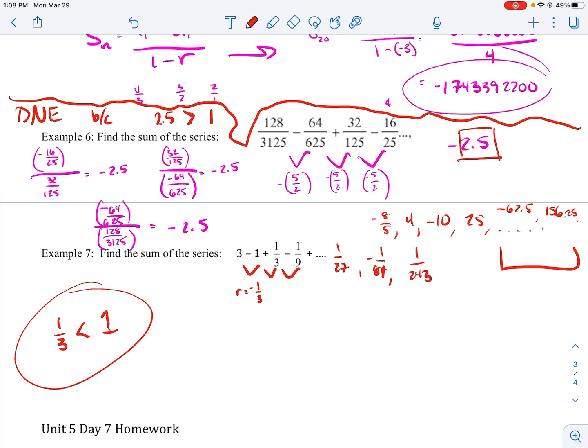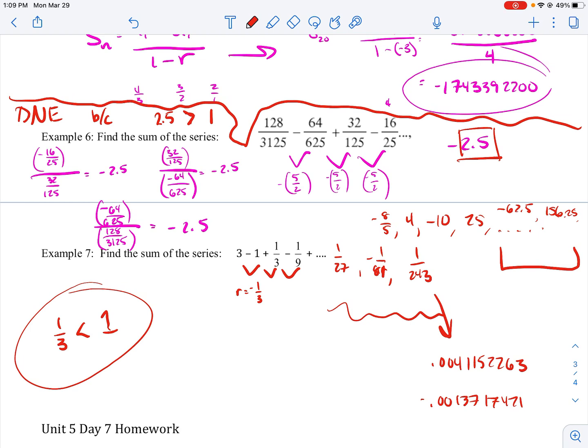So the numbers that we continue to add, because 1/243 is 0.0041152263, and if you multiply by that again, now we're adding a negative 0.001371741, right? And so these numbers that we continue to add keep getting smaller and smaller.